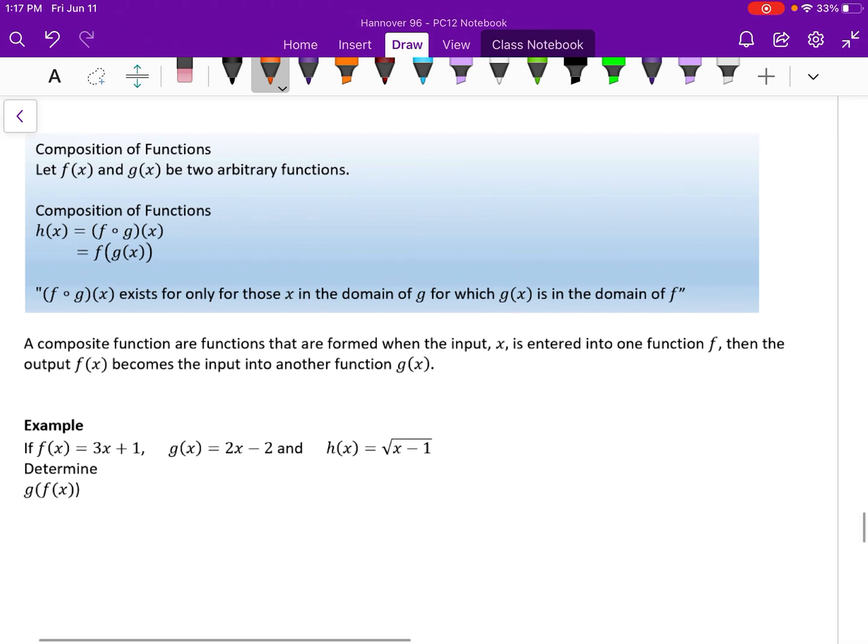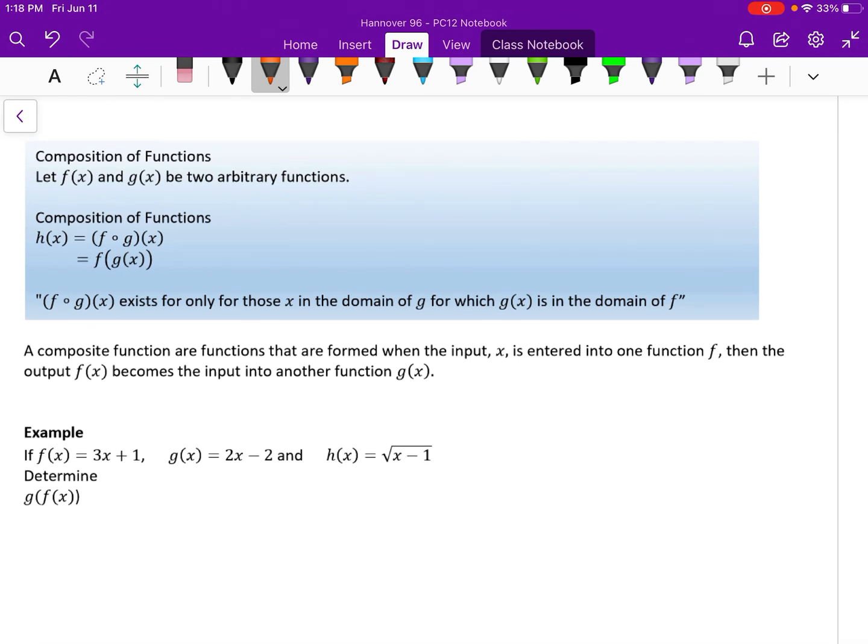So, composition of functions. Let f and g be two arbitrary functions. And order does matter. For the composition of functions, let's define a new function, h of x. And h of x is defined as f composed of g of x, and we would write that as f of g of x.